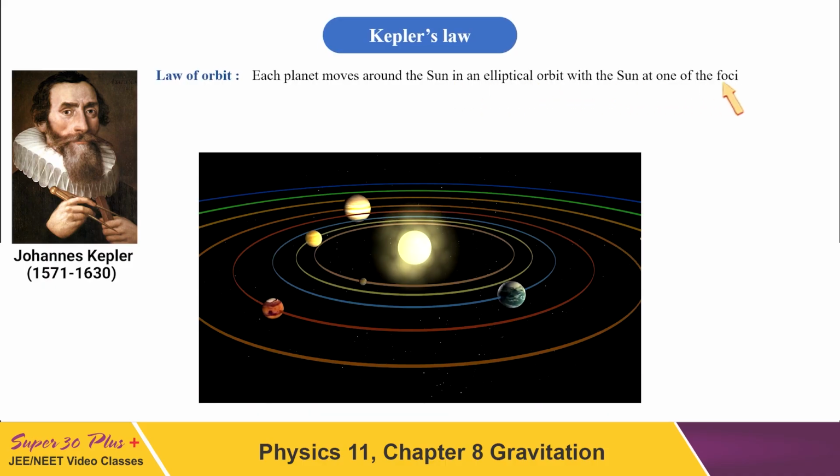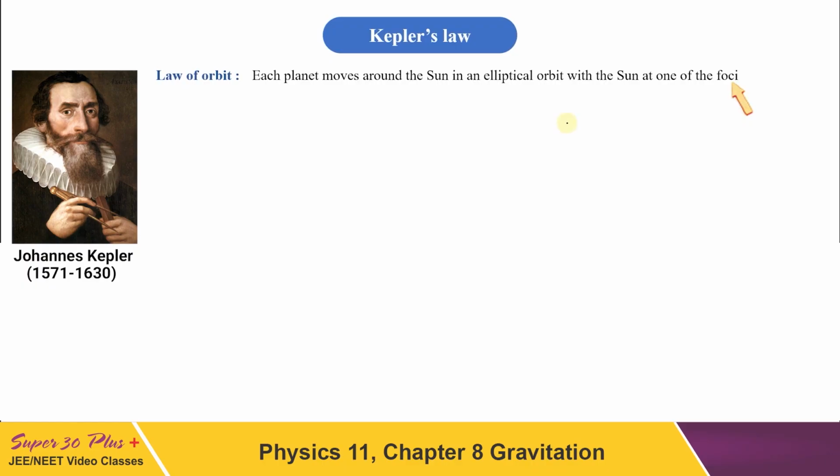of the foci. Let us consider this to be the orbit of a planet, which is an elliptical orbit. The Sun has to be at one of the foci. So if these are the two foci, let the Sun be here. Now this axis of the ellipse, as you know, is known as the minor axis, and this other axis is known as the major axis.